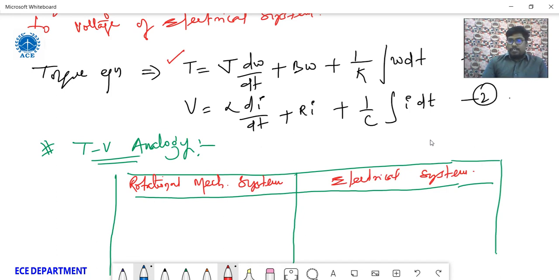Torque in a rotational system becomes analogous to V in electrical systems, right? So like that you need to take the conversion. Torque T becomes analogous in an electrical system to voltage V, right?